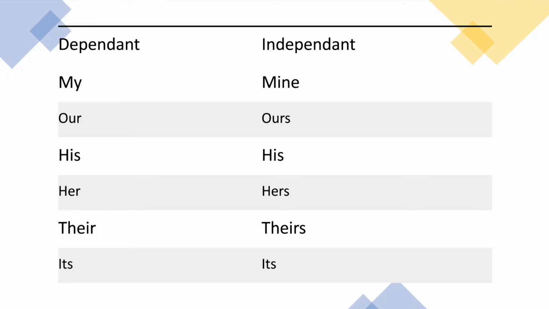For something belonging to a group of people that I'm not connected to or I'm not a part of, I can use their for dependent possessive pronoun, their. For independent possessive pronoun, theirs. Notice the pronunciation. There is EI in there, but we never really pronounce it. We always say their.